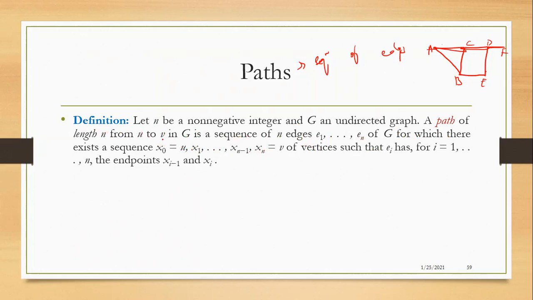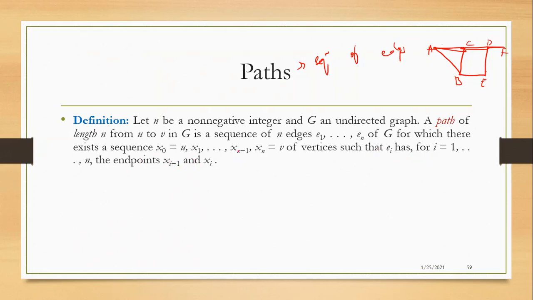So u is our beginning vertex and v is our terminal vertex, and in between we choose a path through which we travel. So all those vertices are mentioned, such that our path's length is 1 to n and the endpoints of ei are xi minus 1 and xi.